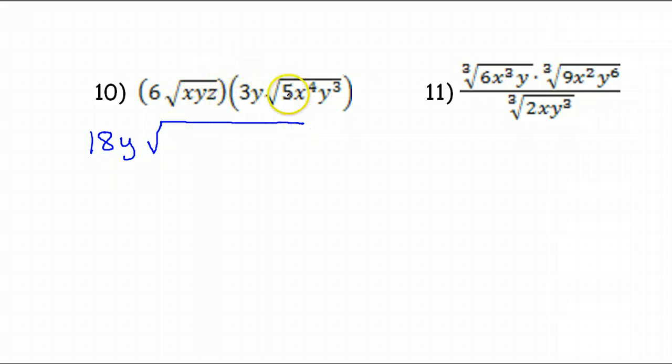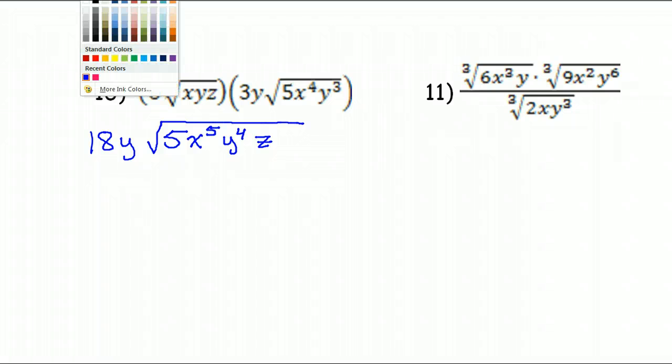So I've got the 5 under there with nothing to multiply by it, so that's still going to be a 5. X times x to the 4th power is x to the 5th power. Y times y to the 3rd power is y to the 4th power. And then I've got z with nothing to multiply by it, so that's just going to be z.